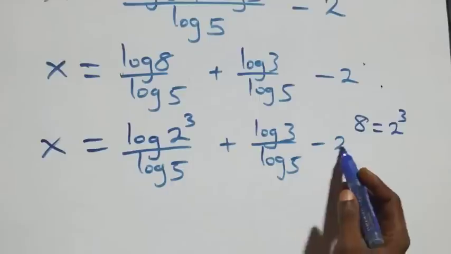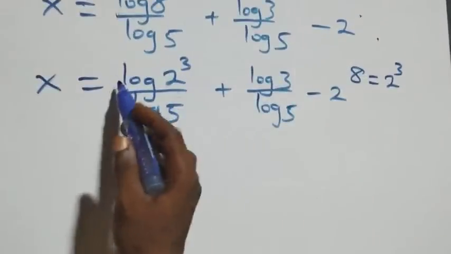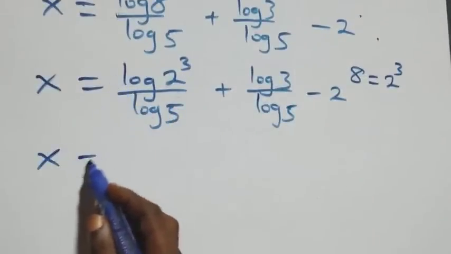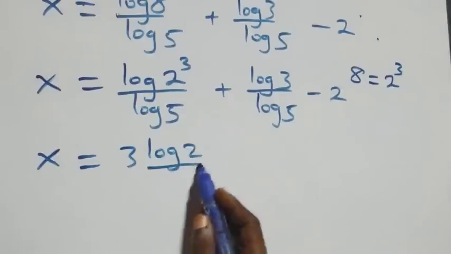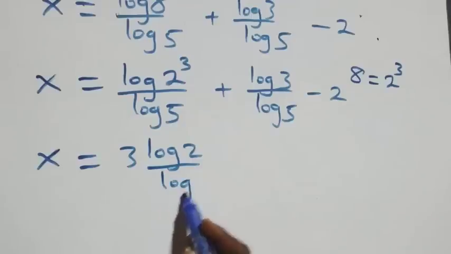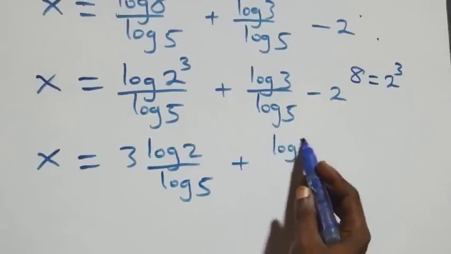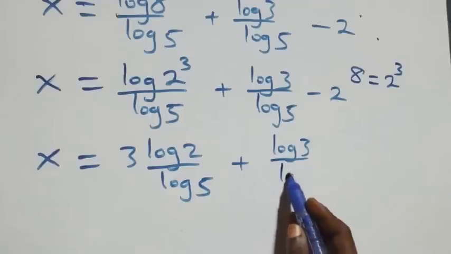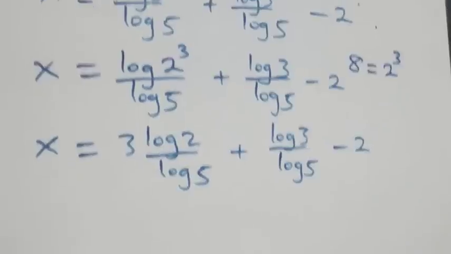That is, here we apply the power law of logarithm and 3 comes here. What we have becomes x equals 3 log 2 over log 5 plus log 3 over log 5 minus 2. And next step here, we apply change of base.